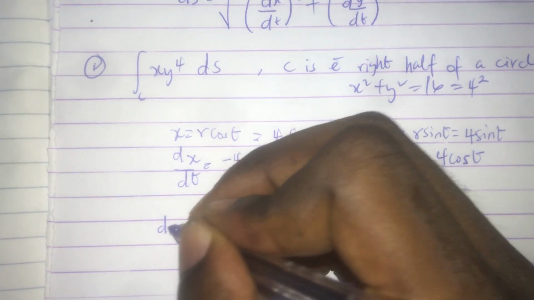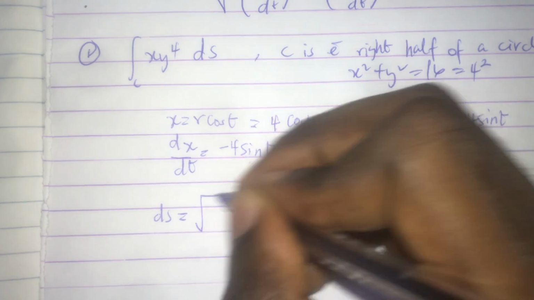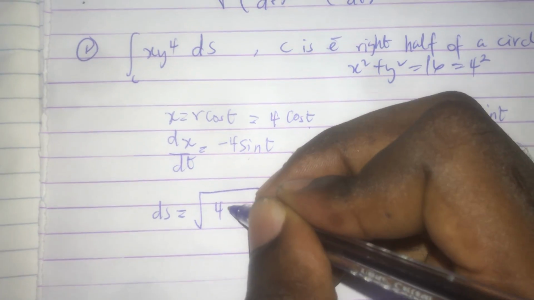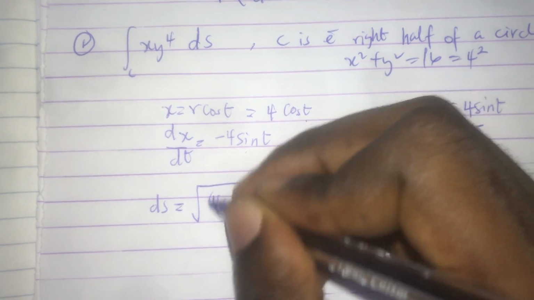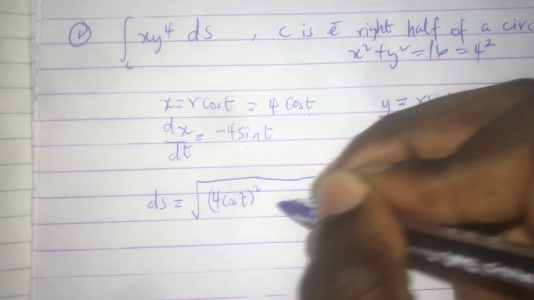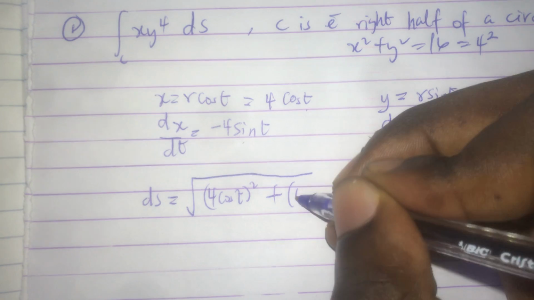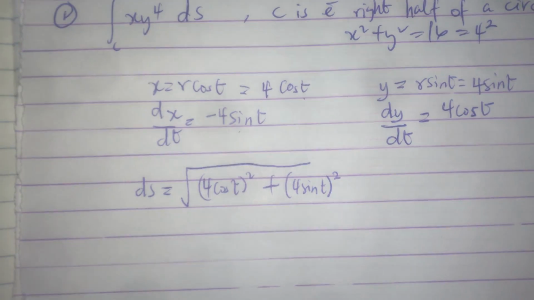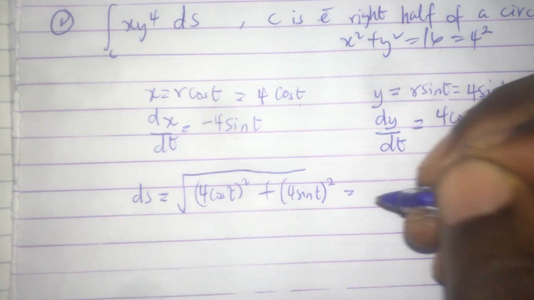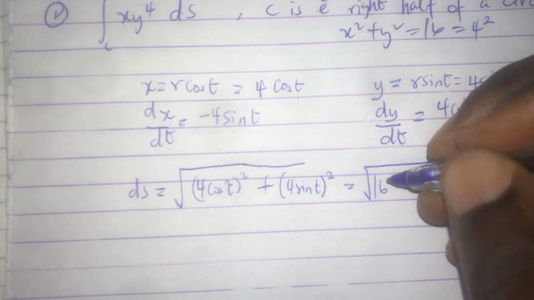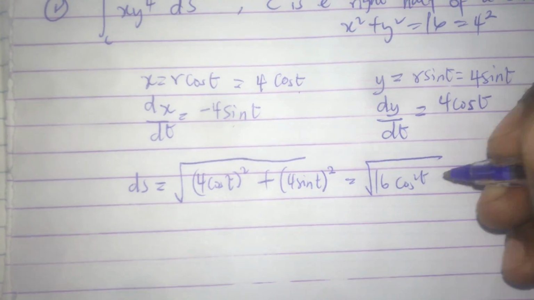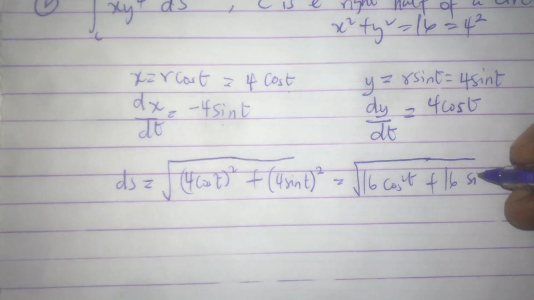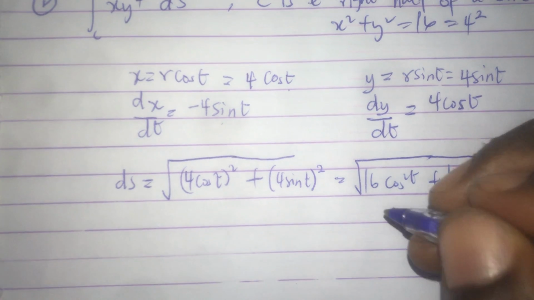So we have ds is equal to the square root of minus 4 sin t squared plus 4 cos t squared, which is 16 cos squared t plus 16 sin squared t.